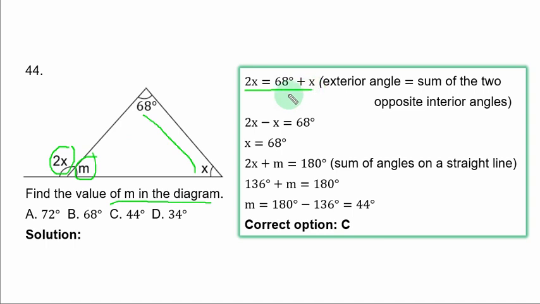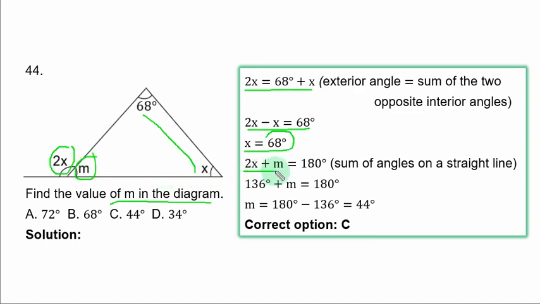If you collect like terms, you have 2S minus S equal to 68 degrees, and S is equal to 68 degrees. Okay, to get M now, you have two options. You can use the sum of the angles in the triangle, or you add 2S and M equal to 180, the sum of angles on a straight line.